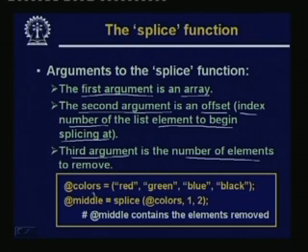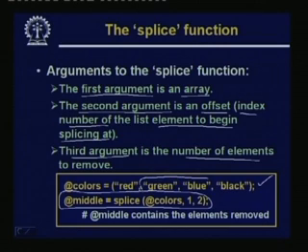Let us take an example. Colors red, green, blue, black, say this is the initial array. Then we give a command like this, splice colors 1, 2. What will this command do? This command will remove 2 elements starting from index 1. 0, 1, so element 1 is green: green and blue.